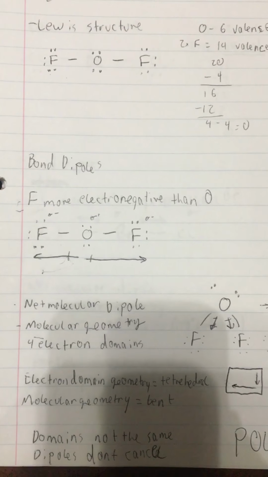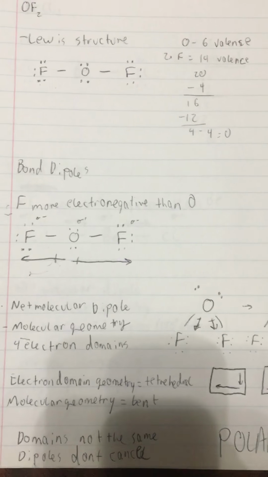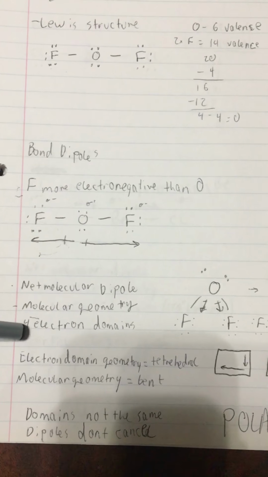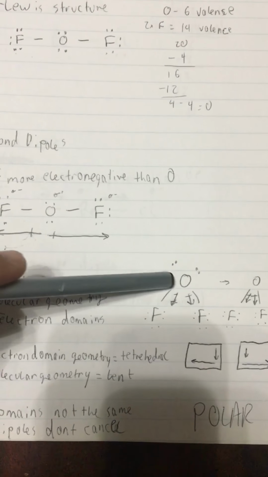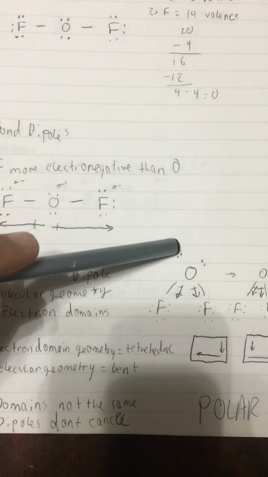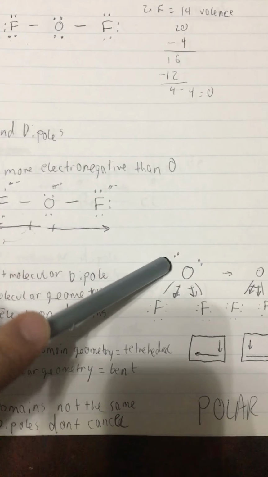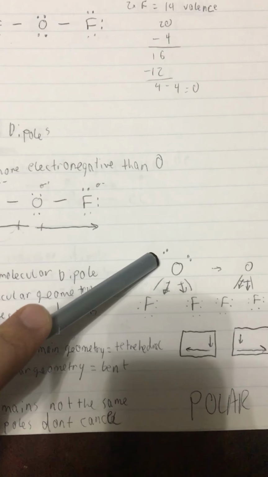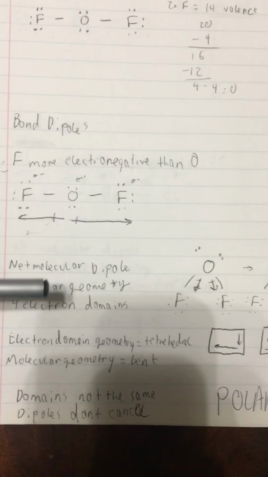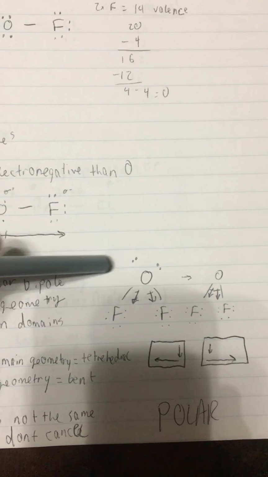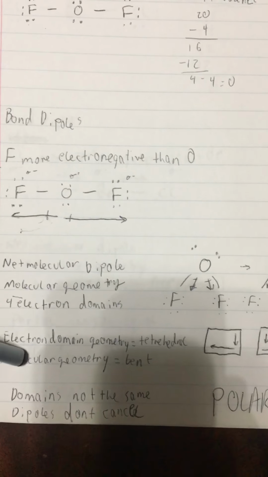Then the electron domain geometry of OF2 has 4 electron domains, being the 2 bonds to the F and the 2 lone pairs of electrons. But the molecular geometry is bent because the 2 lone pairs aren't included in the molecular geometry.